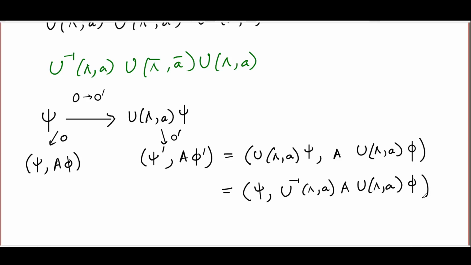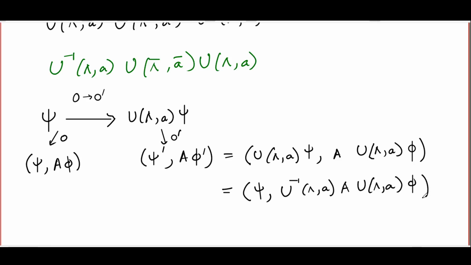And I'm going to look at the matrix element of the same operator A with these new vectors. Or equivalently, O prime can also say, the states I will use will be the same as O, but instead of using the operator A, I will be using the operator U inverse lambda A, capital A, U lambda A.